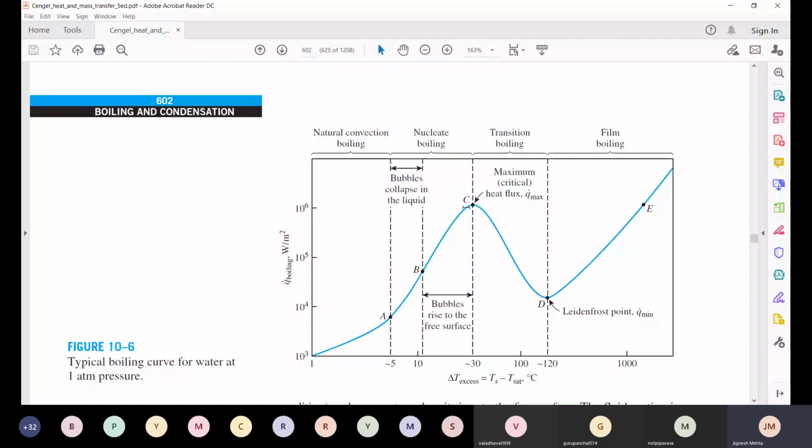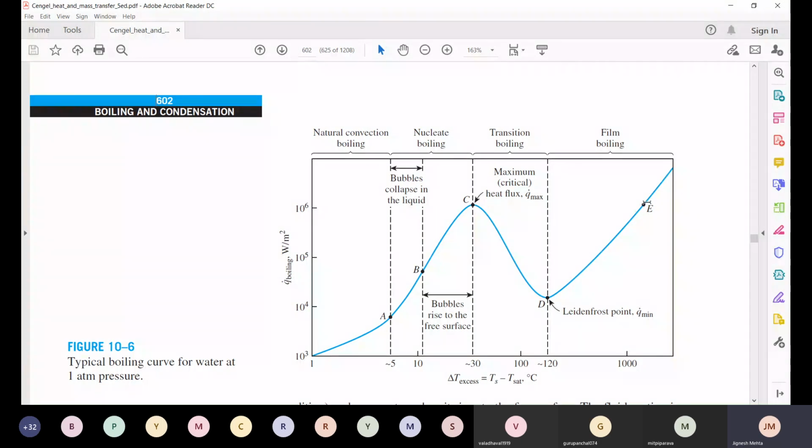But then if you try to increase the heat flux further, what you may find is that the heat flux increases, but there is a sudden temperature jump, right?